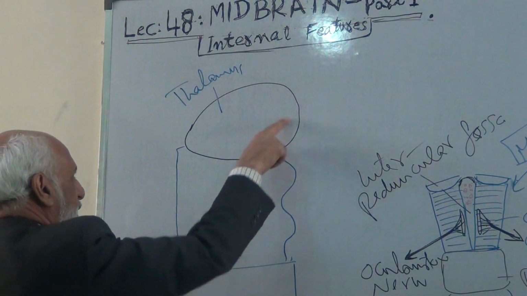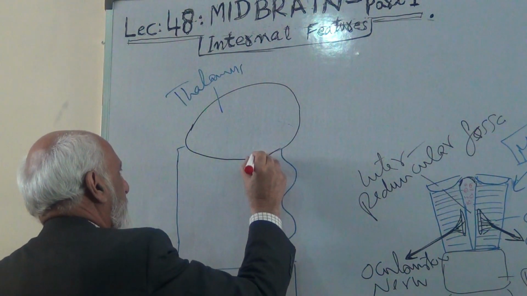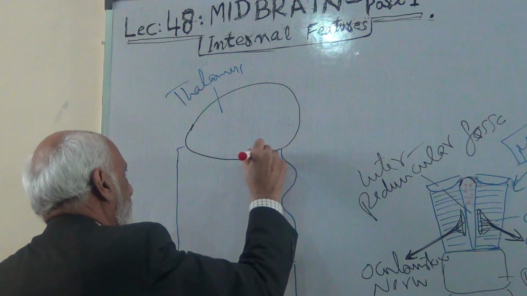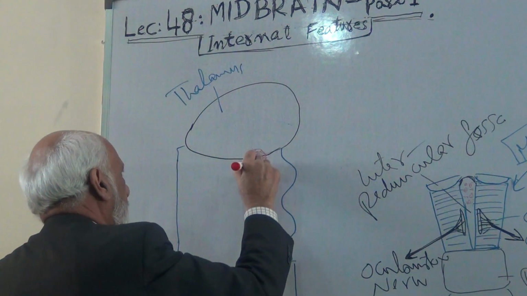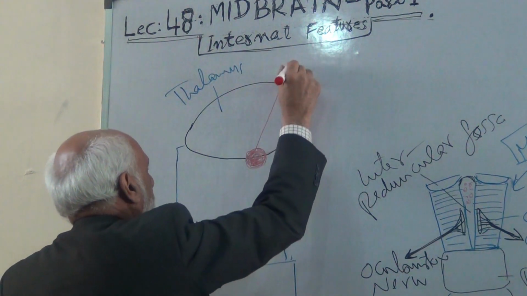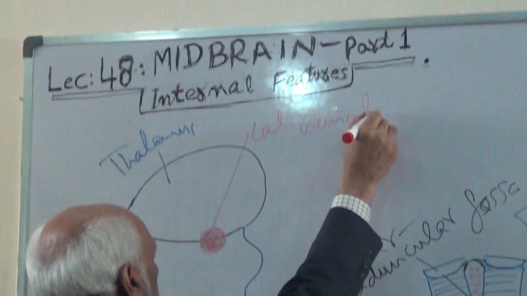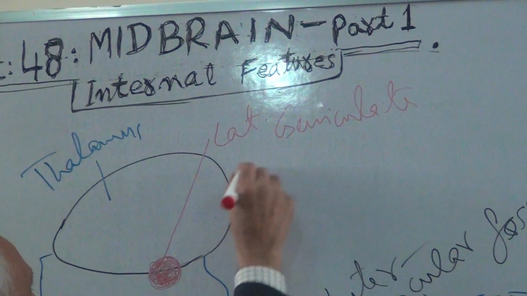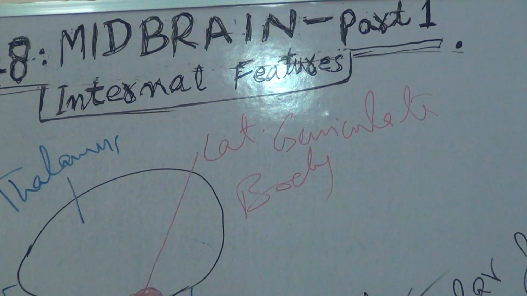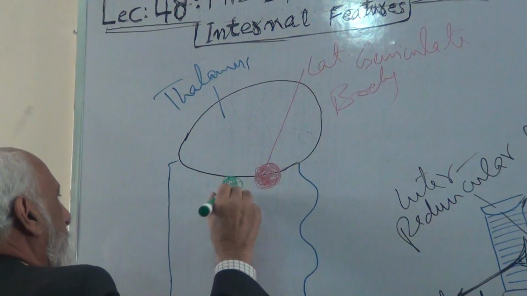On the inferior surface of the posterior end or pulvinar of the thalamus, there is a swelling known as the lateral geniculate body. And another body known as the medial geniculate body.